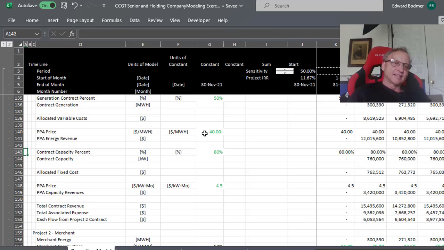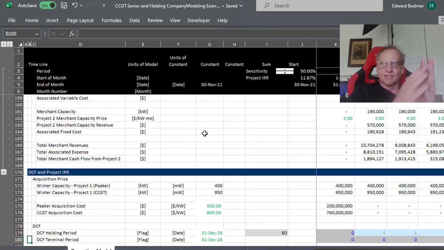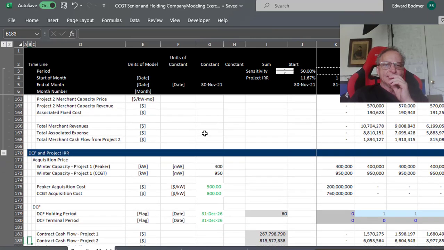And then we can take the contract capacity percent and then allocate some of the cost to contract and allocate them to merchant. Cash flow is after you have the O&M expenses, and you can allocate the fuel, of course, on the revenues, but I mean the generation, I say, of course, you have to think through this. So again, that would take time, and it's even taking me time to just explain it.